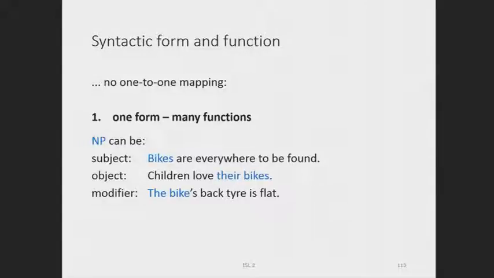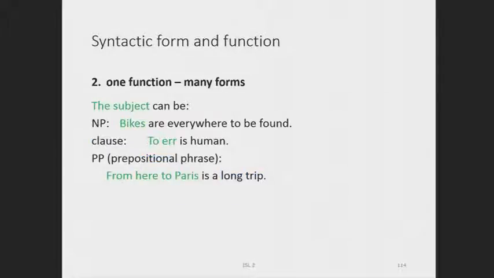Bikes are everywhere, the noun phrase functions as subject. Children love their bikes, there it's an object. It can even be a modifier, like the bike's black tire is flat, and there I have a noun, but really it modifies the black tire, right? Because then we know which black tire, the one of our bike. So it can do different things.